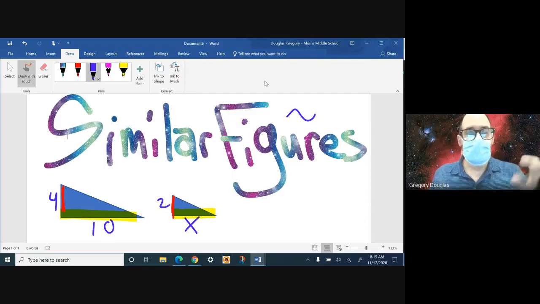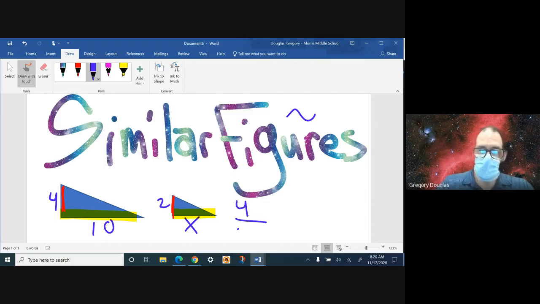So that's a unit rate, but it's miles over hours. So it's a relationship between how far you travel, distance, and what amount of time. That's a rate. So I can look at these two shapes and I can make a fraction and say 4 over 2, because those can go together, has the same relationship as the bottom, 10 over x.